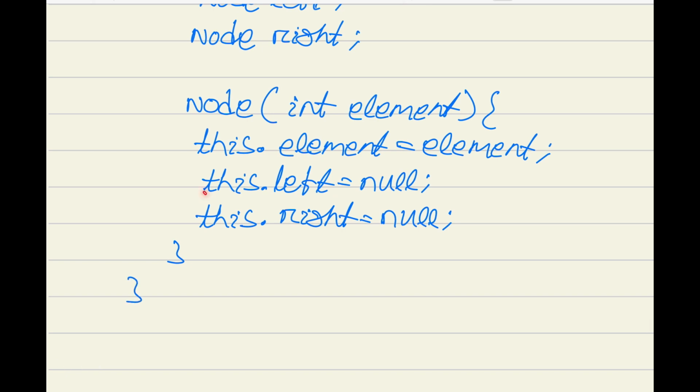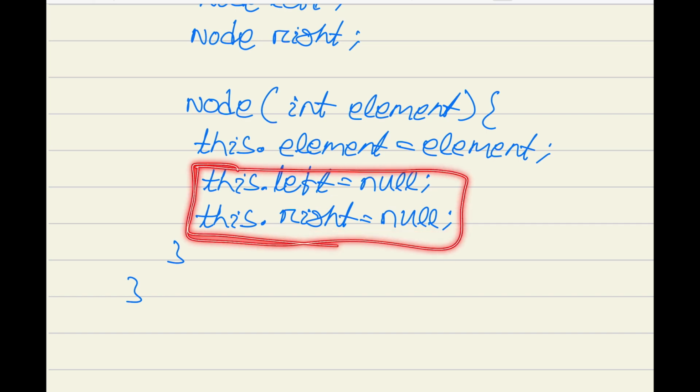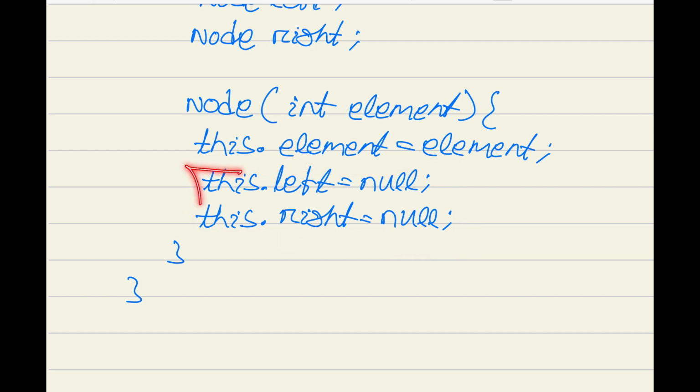So these two statements, this.left equal to null and this.right equal to null, are optional. If you want to write them you can, otherwise you can omit them, because if you do not write these two statements, by default left and right will be null.